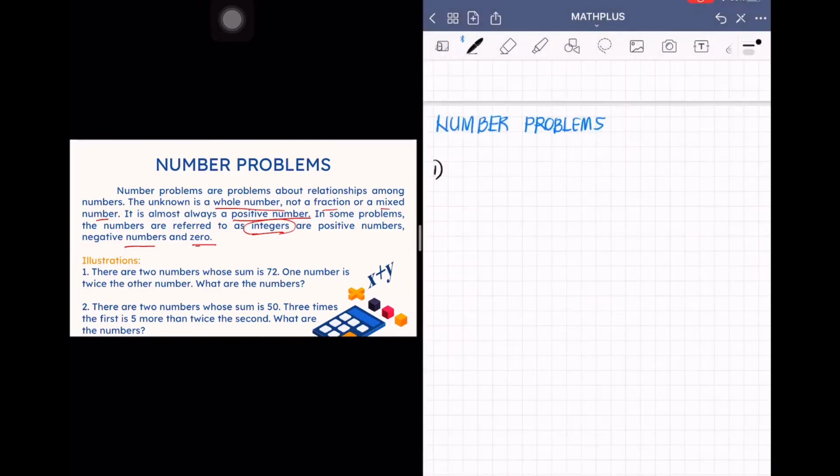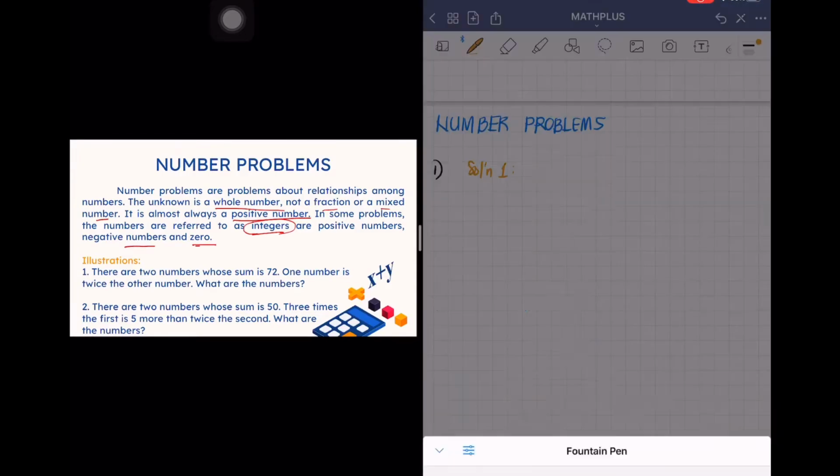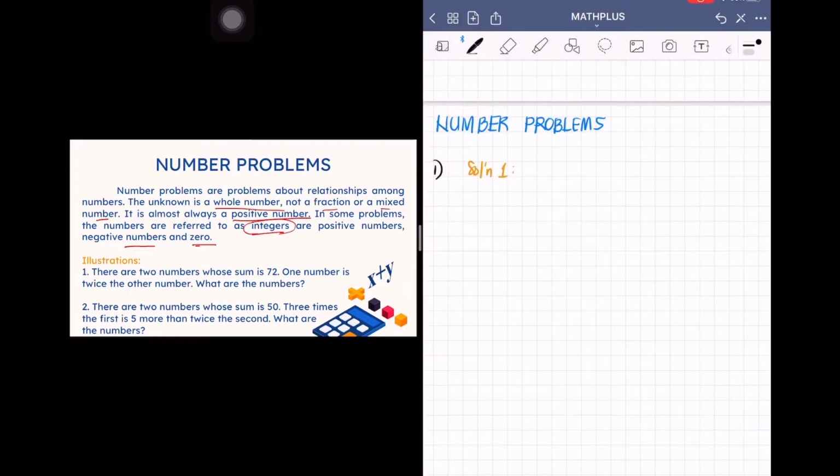So my first solution would be using just a single variable. There are two numbers. Let's say the first number is x, and the second number we do not know yet. But according to the problem, the sum of the two numbers is 72.